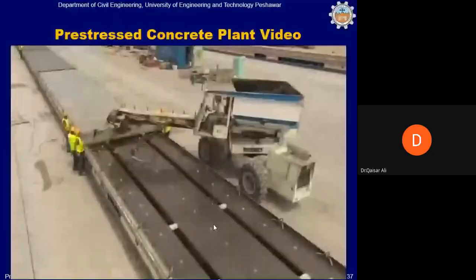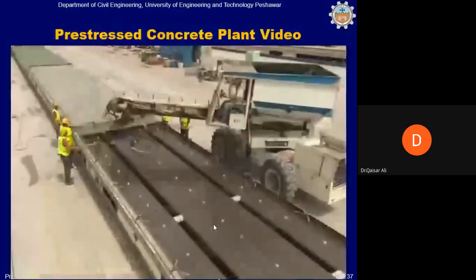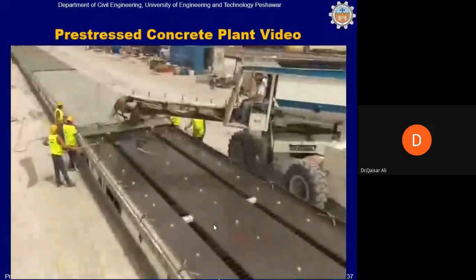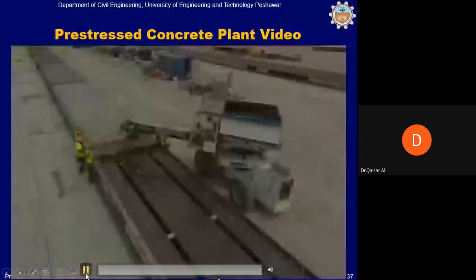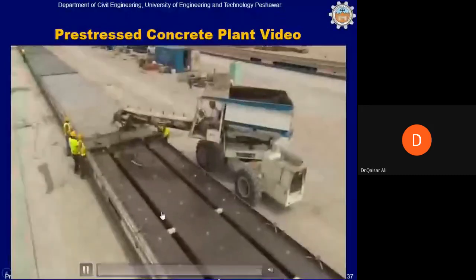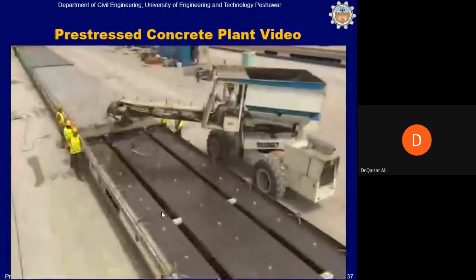We'll explain the entire process of producing a pre-stressed concrete unit at a pre-stressing plant.